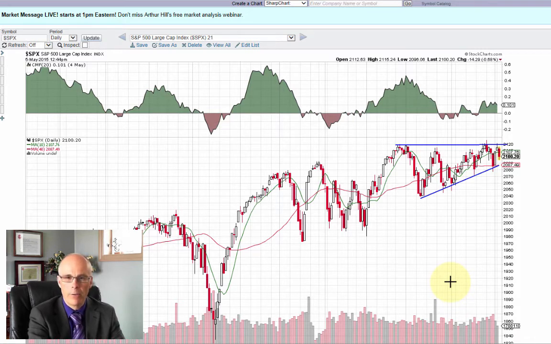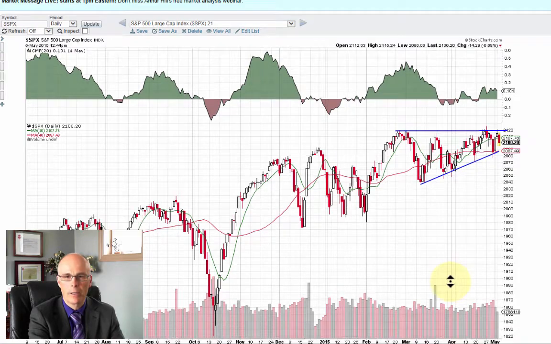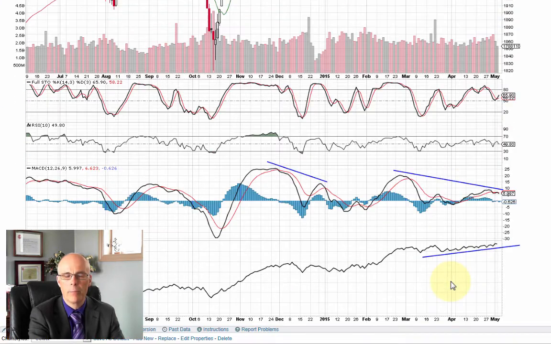So I'm going to cover a few things on the chart. The first thing I want to do is cover something called money flow, which is right at the bottom. So I've toggled down here, and you can see that this is what's called the accumulation distribution line, and it basically tells us the net amount of volume on positive days versus the net amount of volume on negative days, and it plots the line cumulatively. If money is flowing in on positive days with big volume, the line tends to go up.